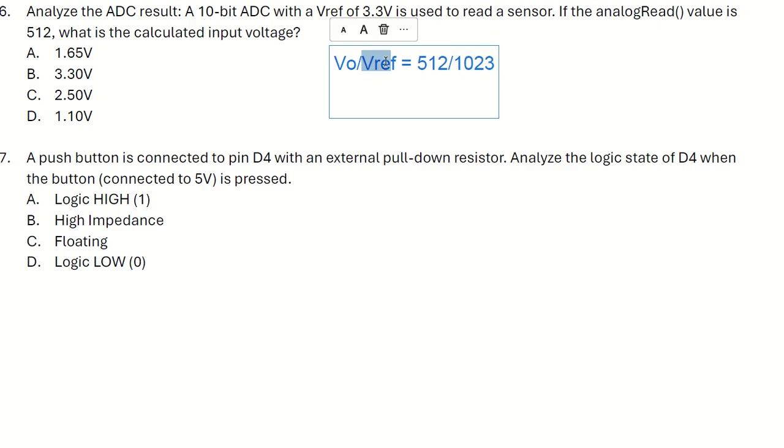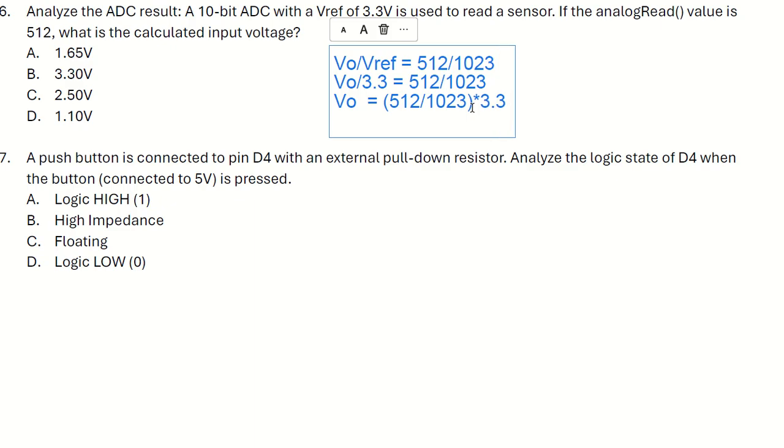So the voltage for the pin is according to the V reference, 3.3 volt. Okay, so after substituting 3.3 volt, then you will get the V out equal to what? Equal to whatever is at your right hand side multiplied by 3.3.